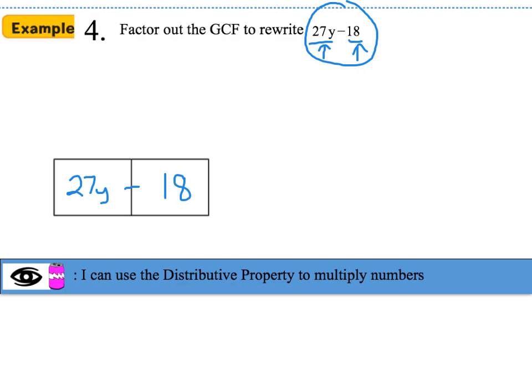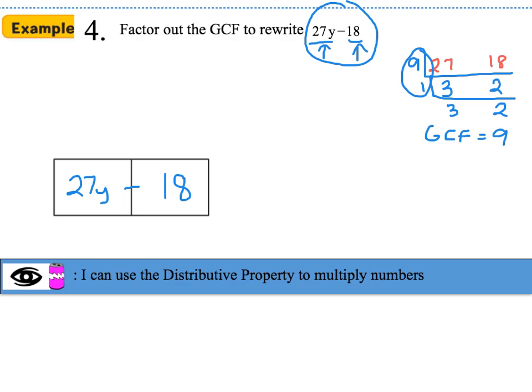So let's figure out the greatest common factor of 27 and 18. And the greatest common factor is 9. We can write the greatest common factor on the left-hand side of our model. And our job now is to figure out how long the first part of the model is and how long the second part of the model is.